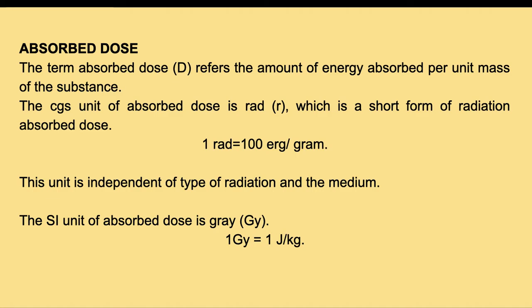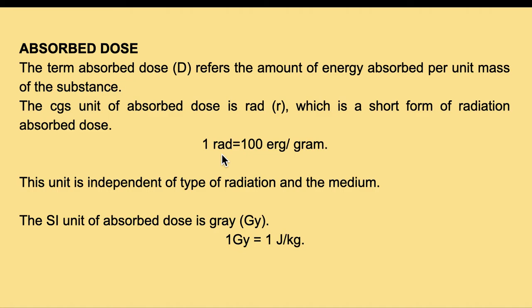Now, a specific definition for the term absorbed dose. The absorbed dose, which you denote with the letter D, refers to the amount of energy absorbed per unit mass of the substance. So it is energy per unit mass. And the CGS unit you are considering is RAD, which we have already mentioned as radiation absorbed dose.